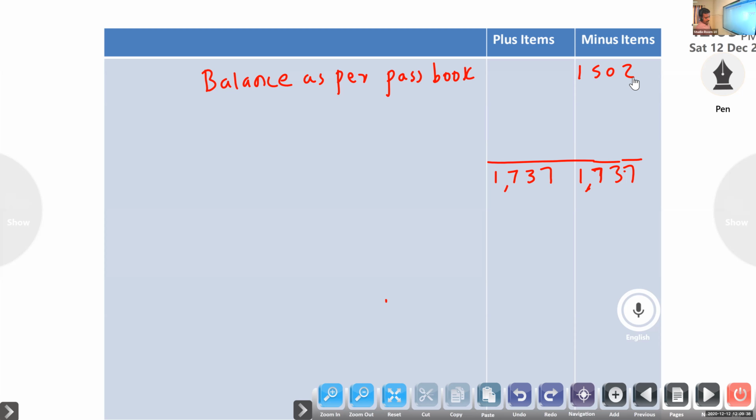Look, passbook last balance. Okay, both it is given now, then you will get that amount, otherwise your answer is wrong.